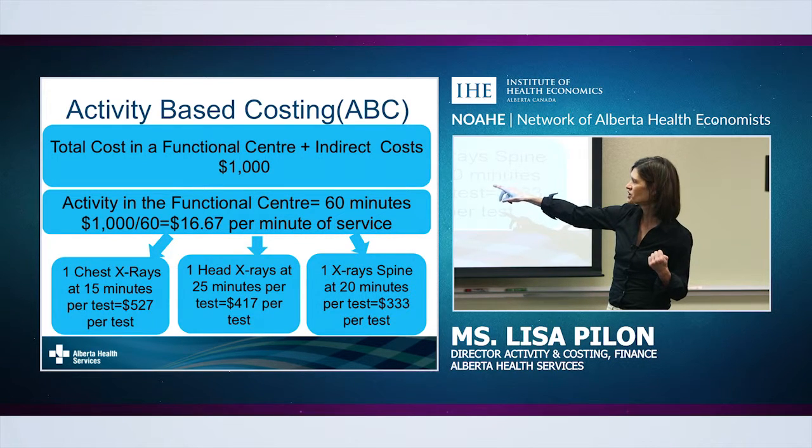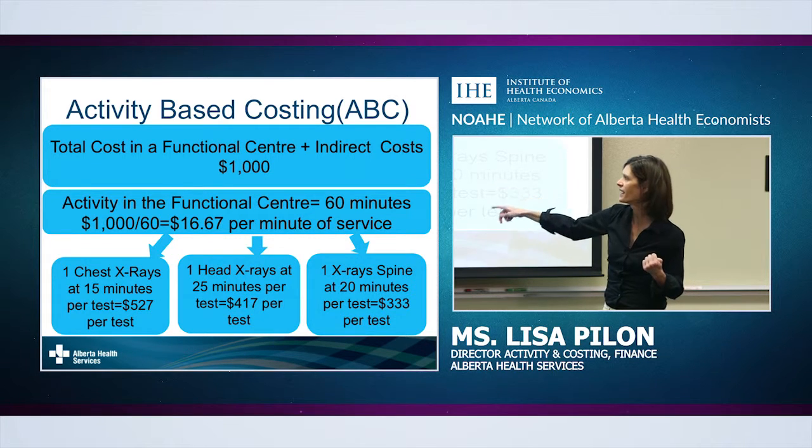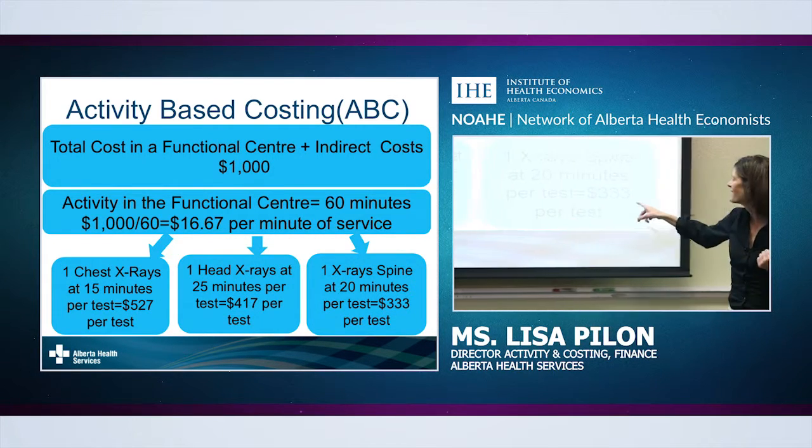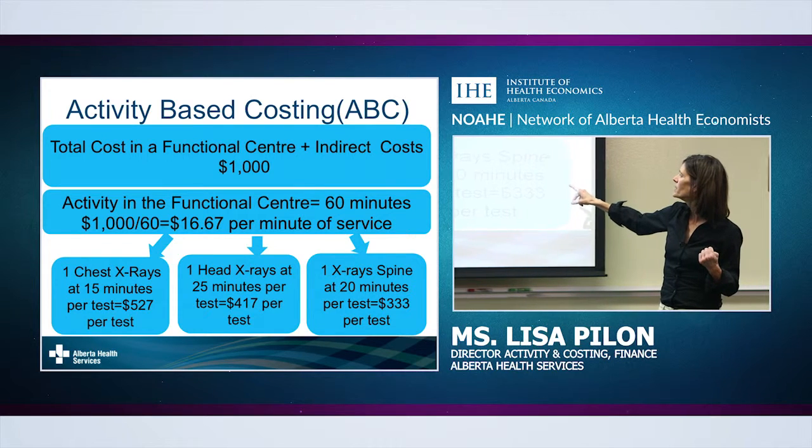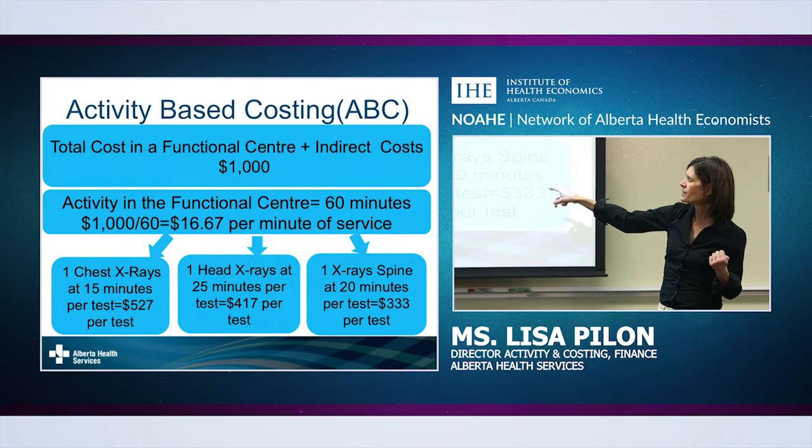Anyway, so I'll have to fix that up on the slides. So what it should be is, if you're taking 25 minutes, your test should be more expensive. I have that a little bit backwards, I apologize. So basically, if you take the 25 minutes per test, you actually should have more like about $600. If you have 15 minutes a test, you're going to have a lower cost of $400. And if you take 20 minutes a test, you're going to have somewhere in between at like $450.